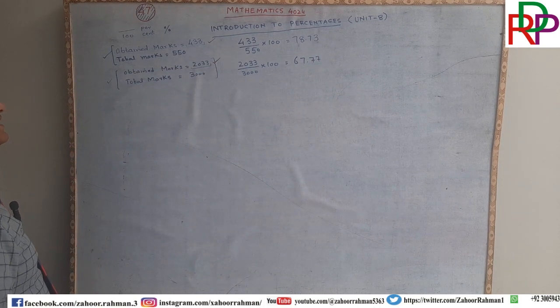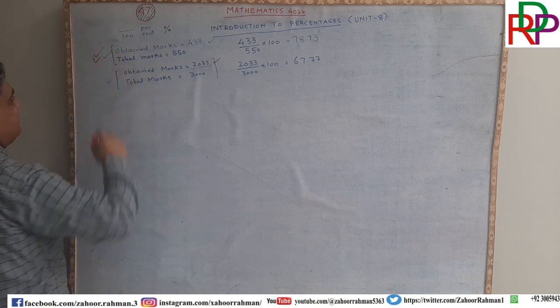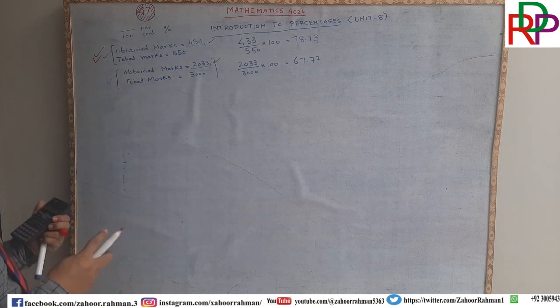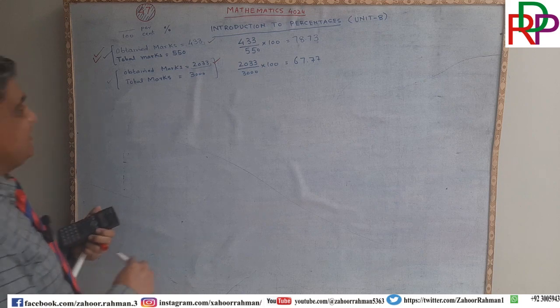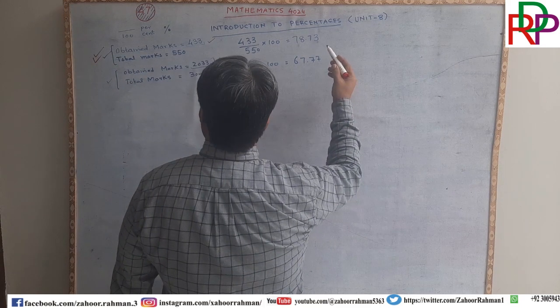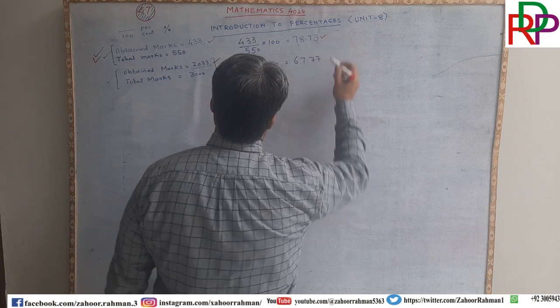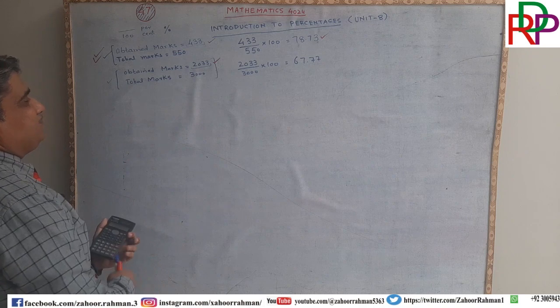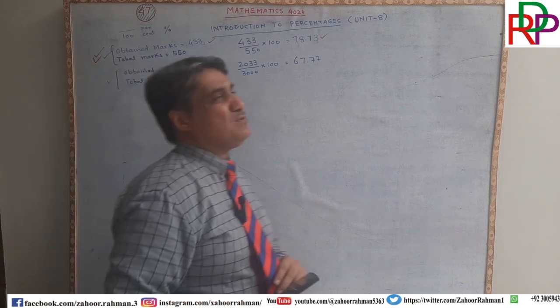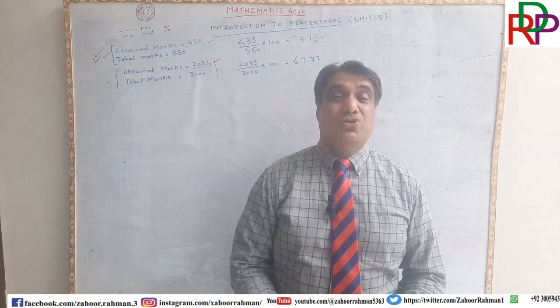So whose marks are better? The first person's marks are better. He wins the race. He crossed the line, and this person has the upper hand. Ladies and gentlemen, that is why we are finding the percentage.